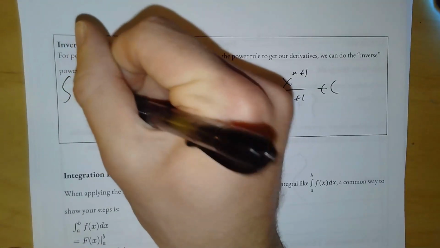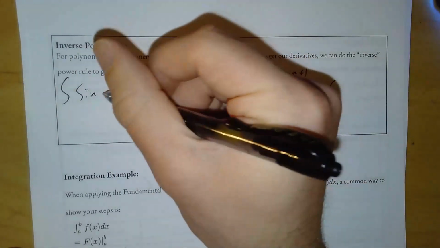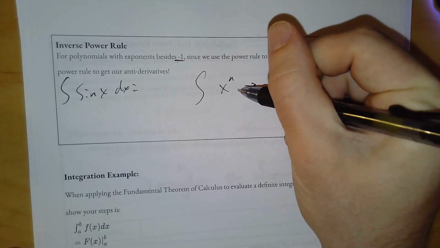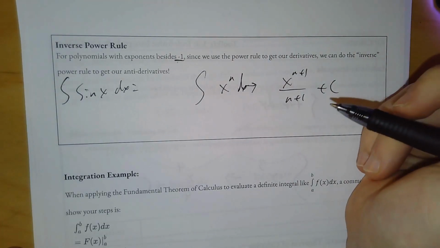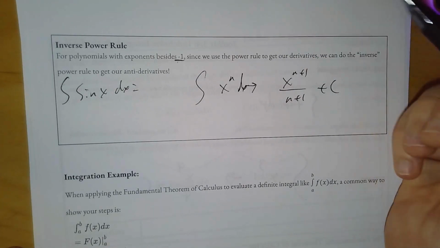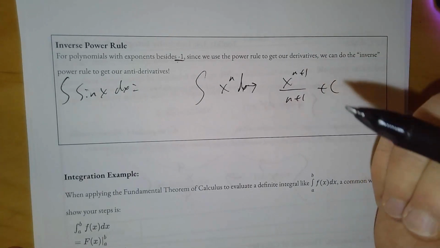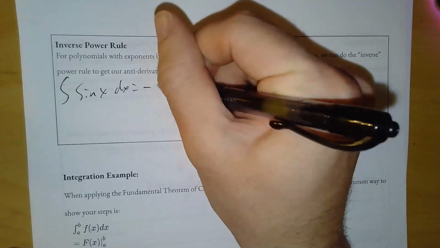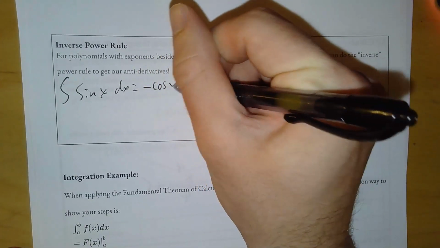We've also got, I'll mention, the integral of sine x dx. I should put the dx right here. The integral of sine, so you ask yourself, okay, the derivative of what is sine? Well, the derivative of cosine is negative sine, so it must be the derivative of negative cosine x.